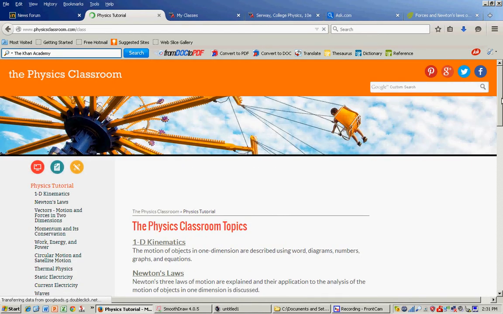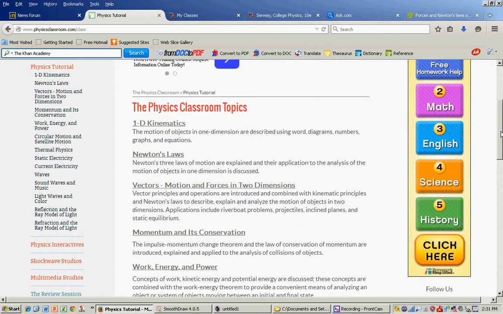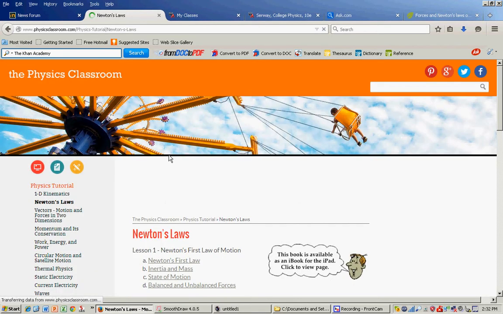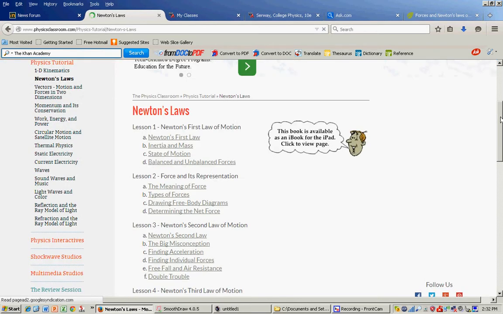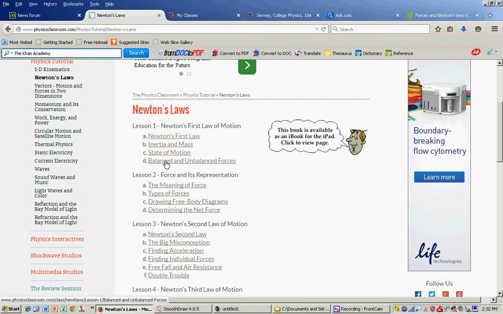So click on it, and here it is: Newton's laws and motion and forces in 2 dimensions. So start with Newton's laws, and then you have the same thing as we saw in Khan Academy: Newton's first law, the definition of inertia, masses, and things like that. Good resource.